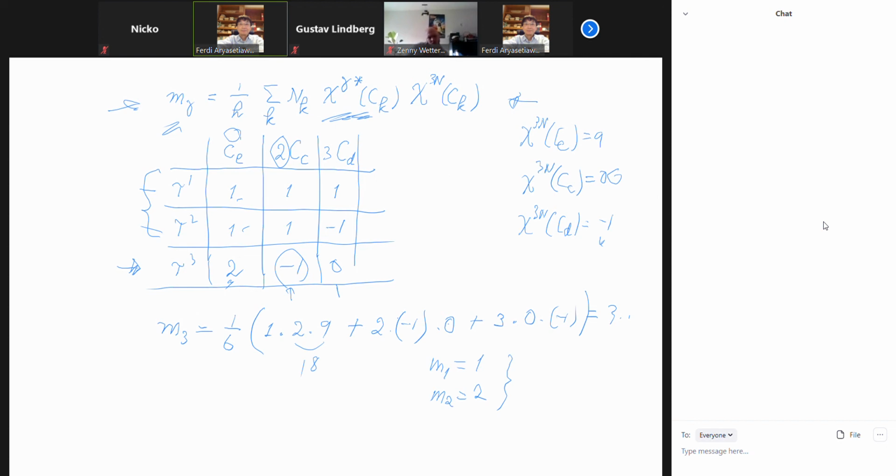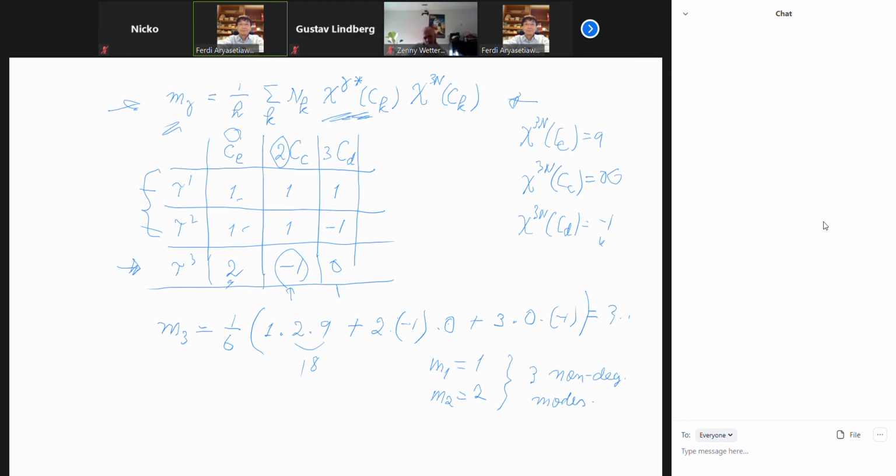So what does this mean? This means that there are 3 non-degenerate modes, because these two representations, T1 and T2, are one-dimensional. The degeneracy is determined by the dimension of the representation.